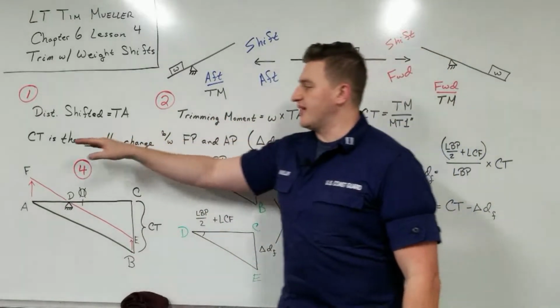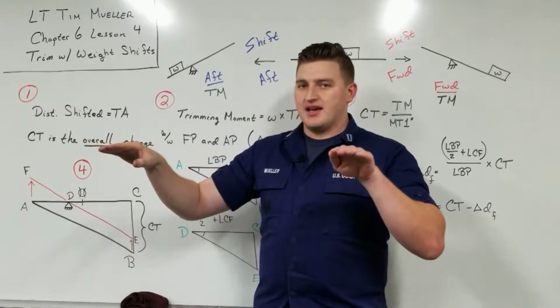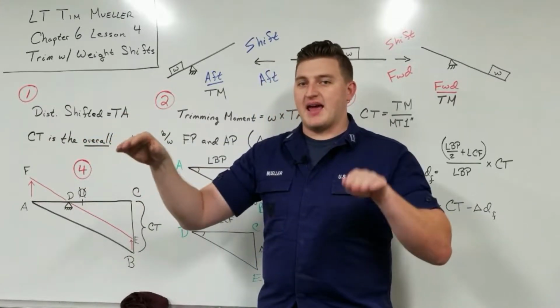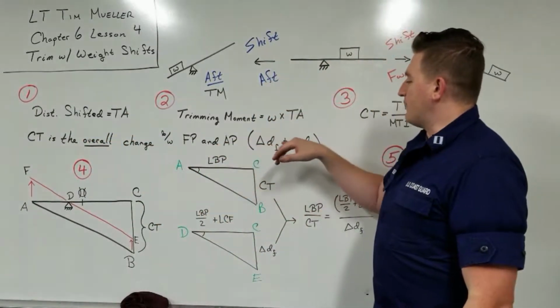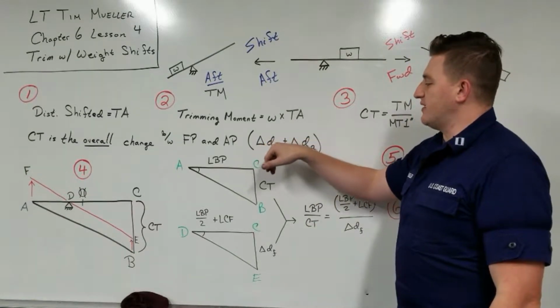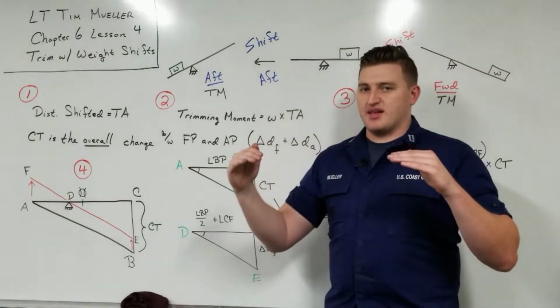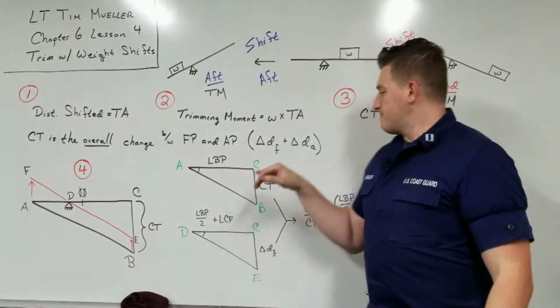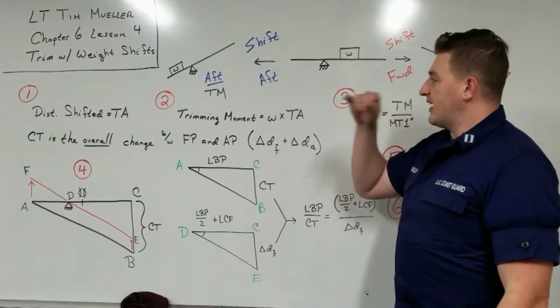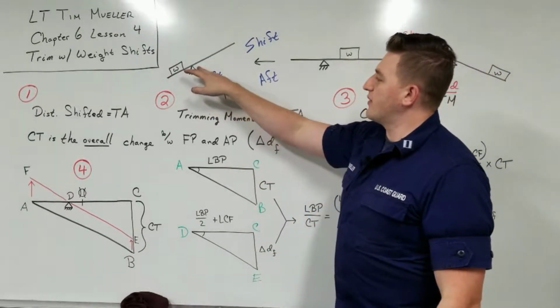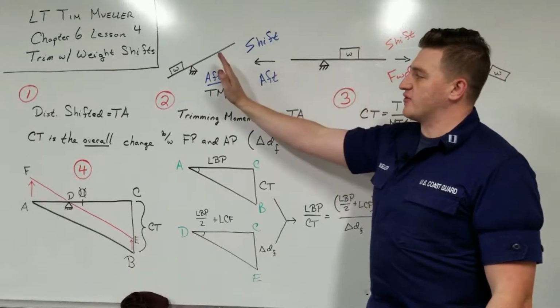So we know CT is the overall change in the trim between forward and aft. It is the summation of delta D forward, the change in draft at the forward end, and delta D aft. That makes sense. If we go to this diagram here, say we have an aft trimming moment.